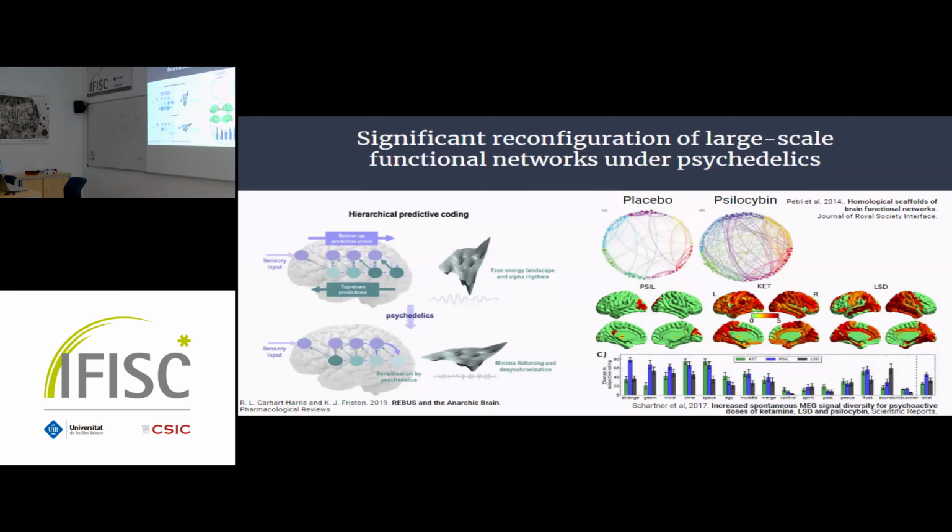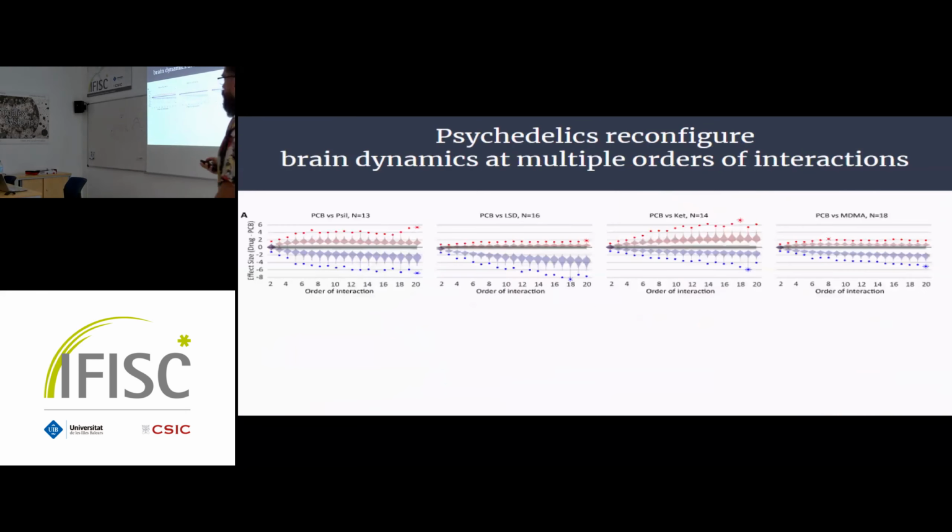And here is just for showing you that all these 3 drugs change the subjective experience. Here you have different aspects like geometric imagery, vivid imagery, perturbations in time, space, perturbations in the ego, etc. And with all these drugs, you have significant changes in different aspects of the experience. So what I did here, as in the other work on neurodegeneration, is look for maximizing the effect size in positive and negative effect size. So this will be high-order hyperconnectivity and this, high-order hypoconnectivity, for the 4 drugs.